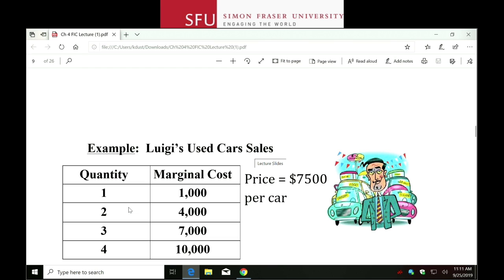Okay. So as a seller, you will sell as long as you are going to make money, or at least break even. So you will sell as long as the price is greater than or equal to marginal cost, and in that example, it's greater than for the first 3.